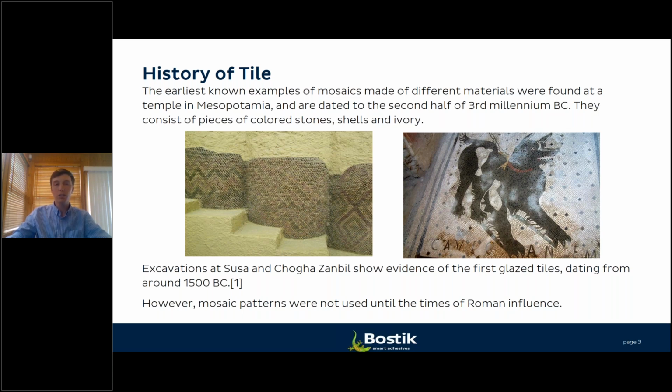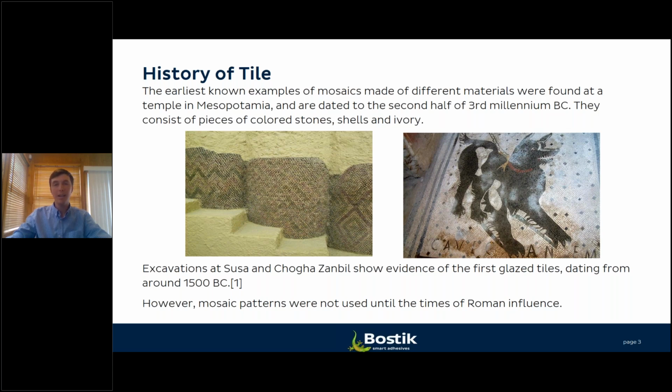These early iterations were colored stones, shells, and ivory, and a little bit more closely emulated mosaic than tile. But you'll still find through some excavations in the same region, evidence of the first glazed tiles dated to around 1500 BC. You'll find that Roman influence resulted in some mosaic patterns and patterning to tile years later.